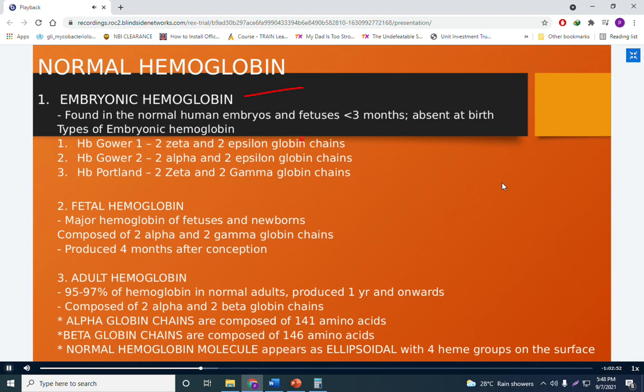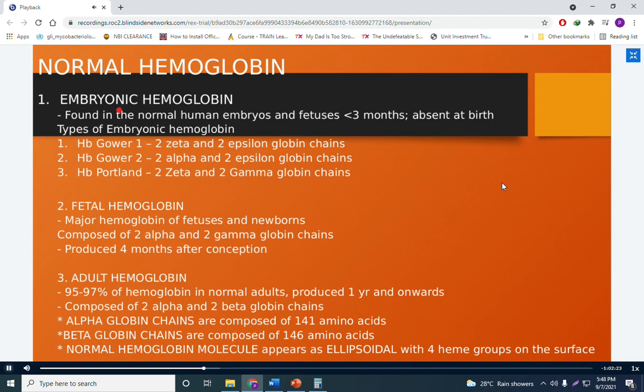Okay, very good. It's your mesoblastic stage. How about your fetal hemoglobin, at what stage? It's your hepatic. Very good. How about your adult? Mature medullary. Very good.